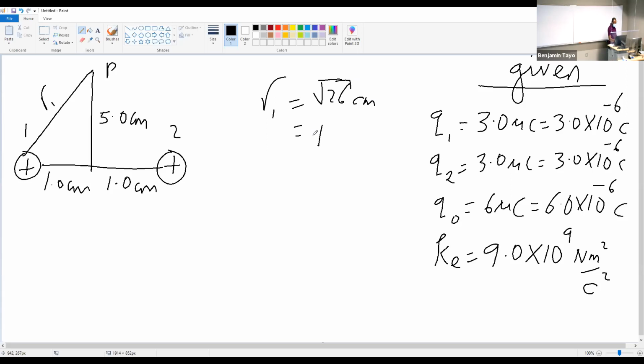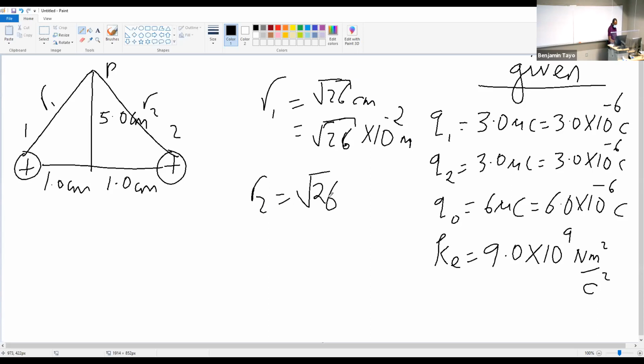I want to write this as the square root of 26 times 10 to the negative 2 meters, because we need to convert distances from centimeters to meters. Then R2, the distance from here to here, is also the square root of 26 times 10 to the negative 2 meters.